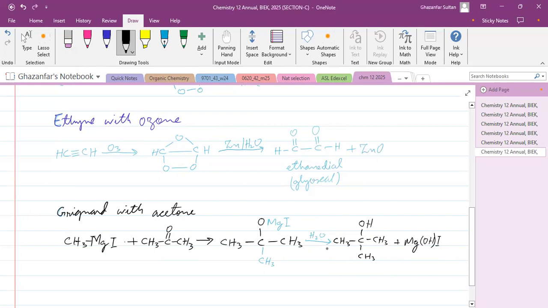So a tertiary alcohol is produced here. You can write the name of the tertiary alcohol as tertiary butyl alcohol. This is the common name, and because they have not asked for the name, you can use the common name as well.